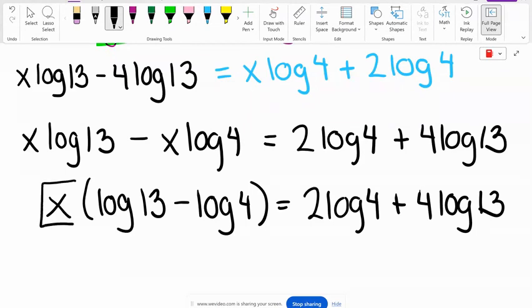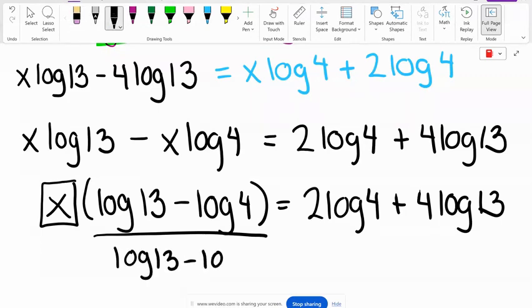Now that I got it down to 1x, I need to isolate it. I need to get it all by itself. So I'm going to divide. Oops, sorry. Actually, I'm going to leave it. I'm not going to change it into division. We don't have to. It's actually better if we don't. I'm going to divide by log 13 minus log 4.